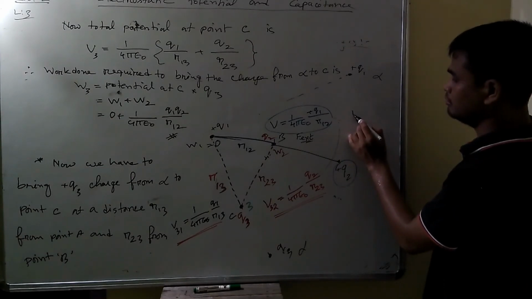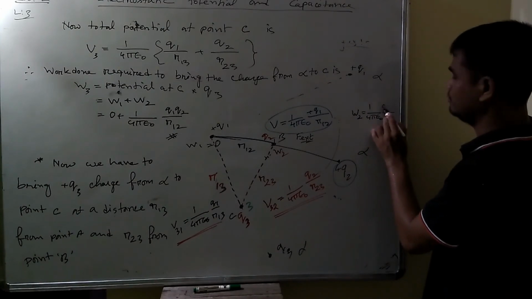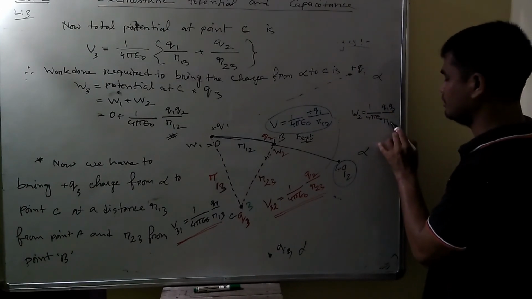W2 is equal to 1 by 4 pi epsilon naught, Q1 Q2 by R12.